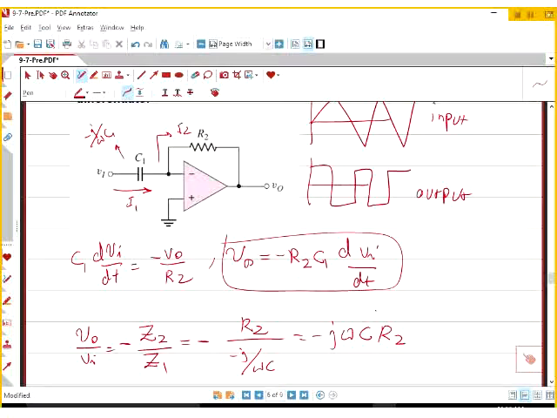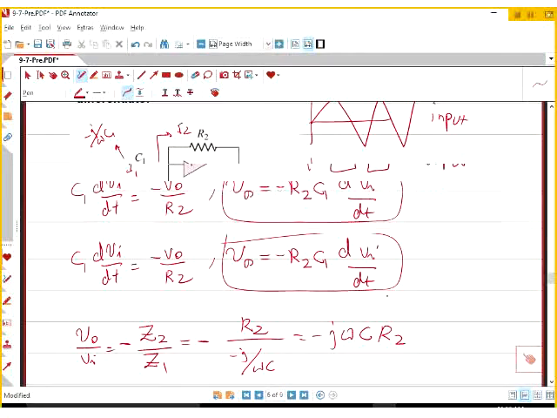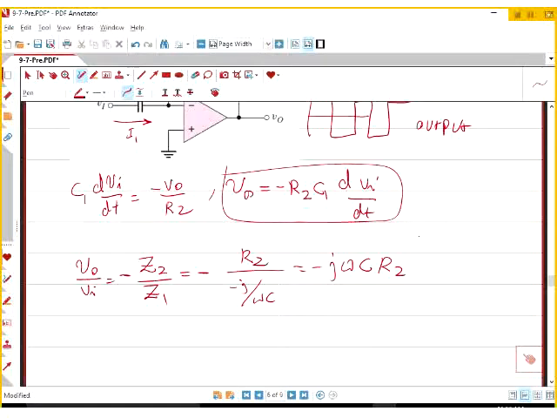You can use those equations as well. Okay. Any question regarding integrator differentiator?